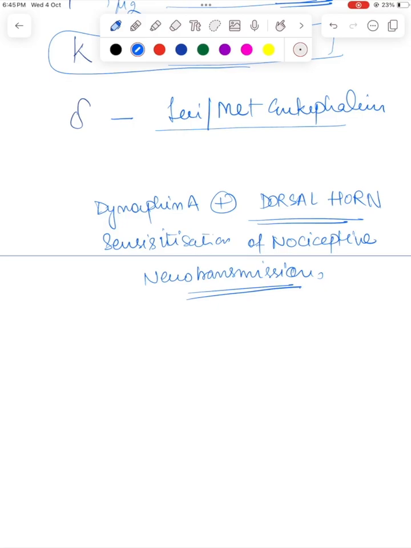So what does this mean? This means that dynorphin A also has some pro-nociceptive or pain-producing properties. And these pain-producing properties of dynorphin A are independent of its opioid receptor pathways and are thought to be mediated through bradykinin receptors. Therefore, dynorphin A might not just have analgesic effects via the opioid receptors, but it also might have some pro-nociceptive properties by its interaction with bradykinin receptors and subsequent sensitization of nociceptive neurotransmission.